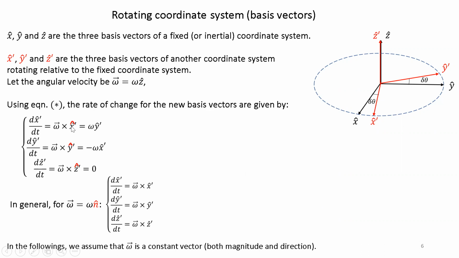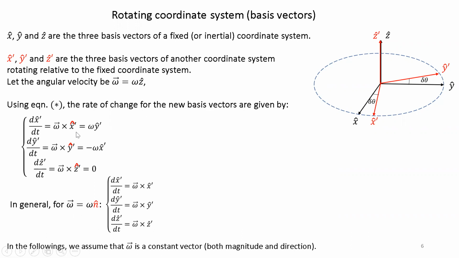And z hat cross x hat prime, by using again the right hand grip rule, would be given by y hat prime, because although the axes are rotating, the three axes are always perpendicular to each other. Similarly, dy hat prime dt is given by minus omega x hat prime. And dz hat prime dt is 0, because it just gives z hat cross z hat prime, two parallel vectors.